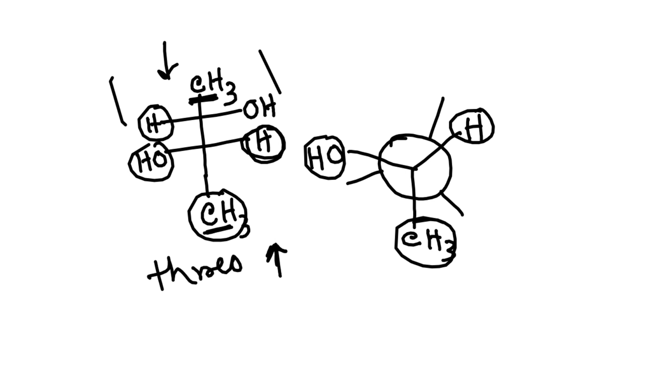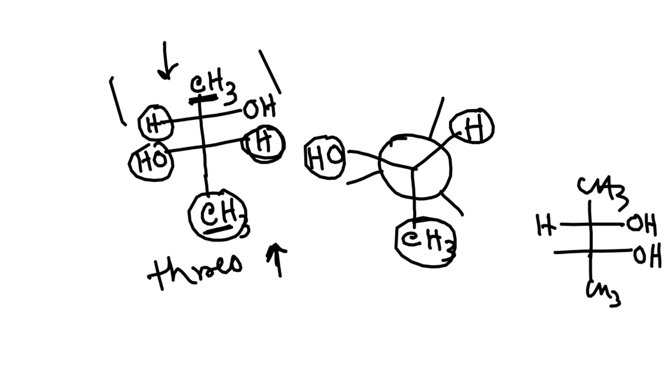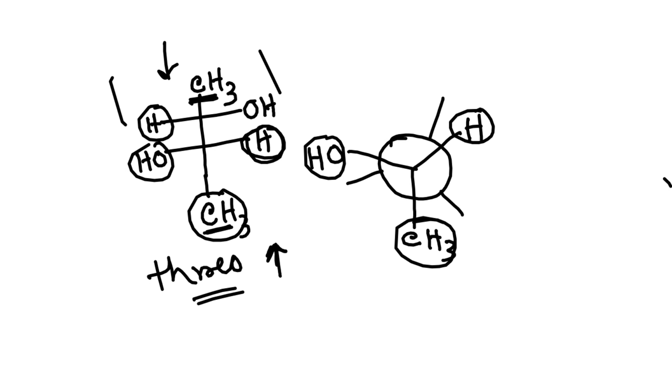The erythro form of the same molecule would be something like this: CH3, CH3, OH, OH, hydrogen, hydrogen. This would be erythro form, and this is threo form. So we confirmed that the molecule is threo, and accordingly we have to put the groups over here. In the threo form, you can see this CH3 and this CH3 both are away from us.